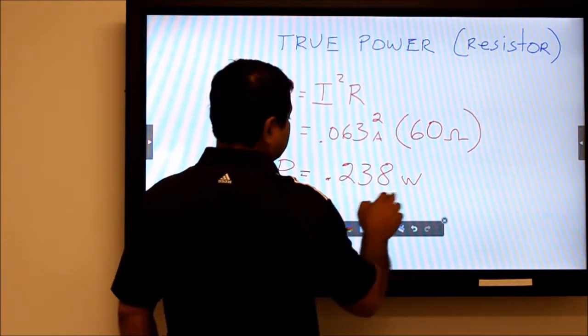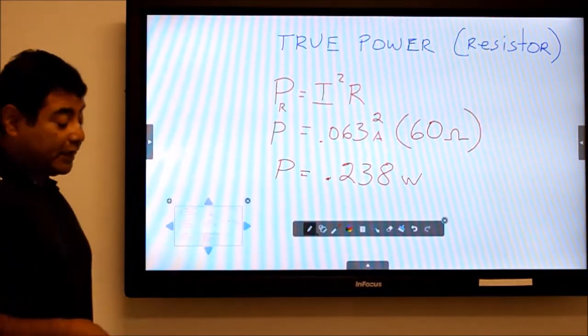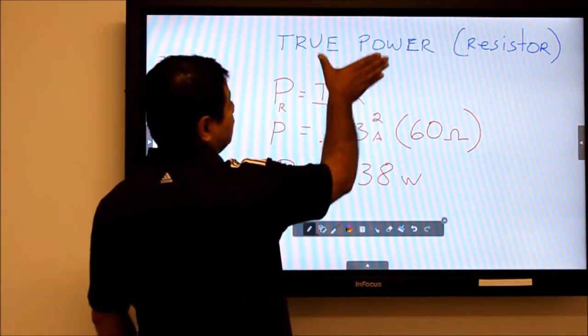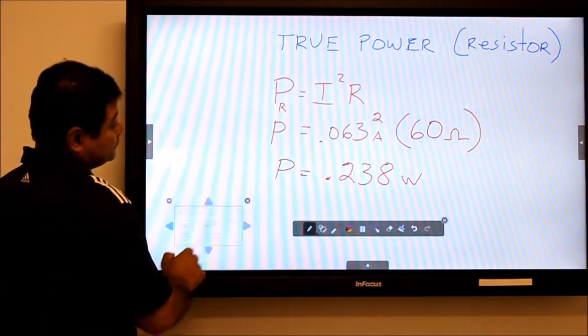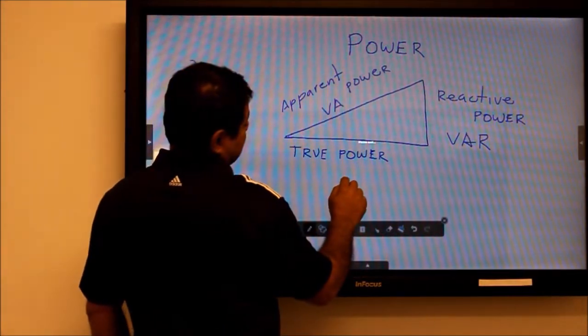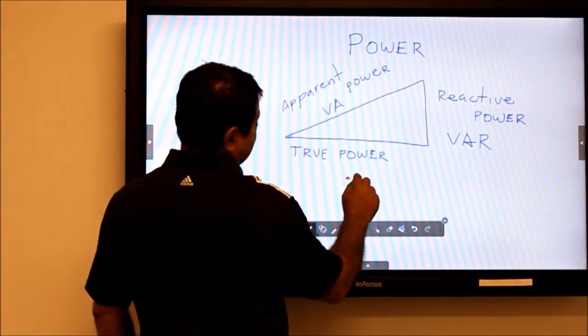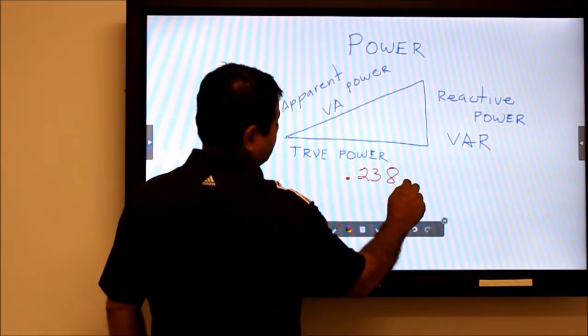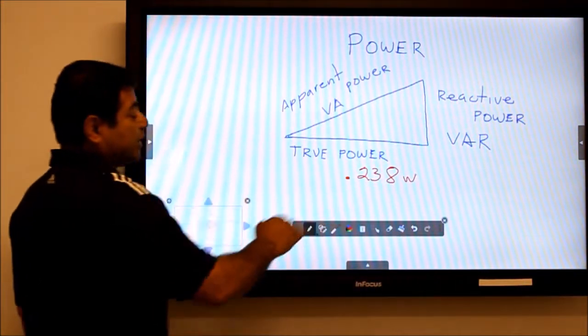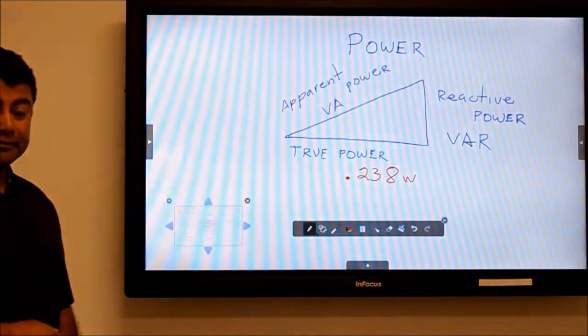Remember that the unit for power is watts. So this is my value for true power. So now you go to your power triangle, and this is where it goes. That is my true power for the circuit.